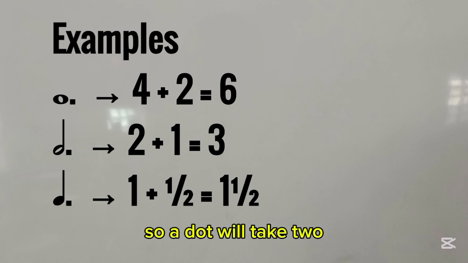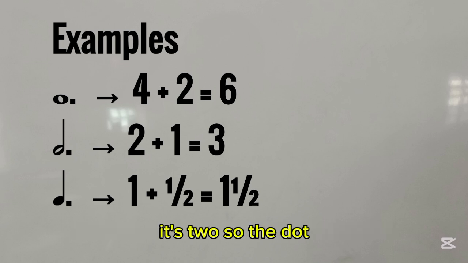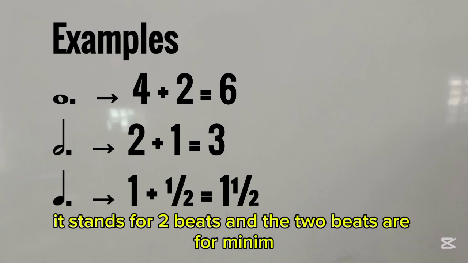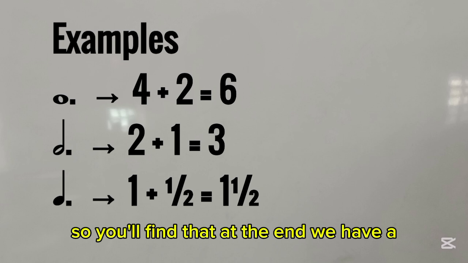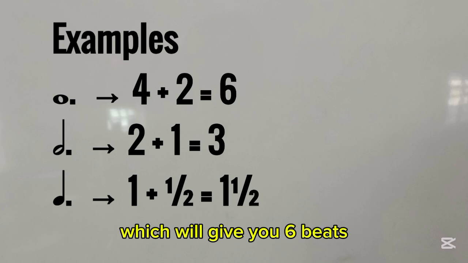So a dot will take 2, because it's half of 4. The dot stands for 2 beats, and the 2 beats are for a minim. So at the end we have a semibreve plus a minim, which gives you 6 beats.